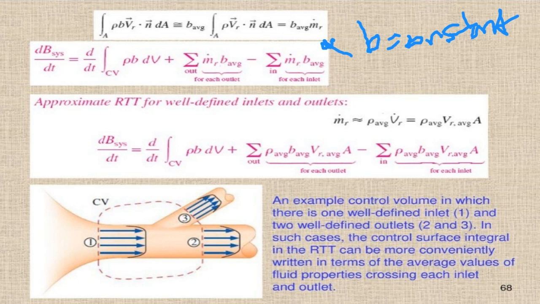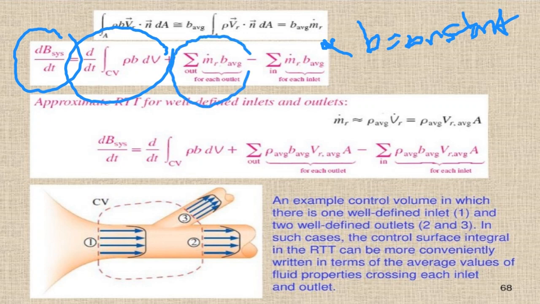If there is no motion, then you don't need to use m dot r, just use m dot. So in this case, you have the change inside the control volume with time, the net amount of the property leaving the control volume, and the net amount of the property entering the control volume.